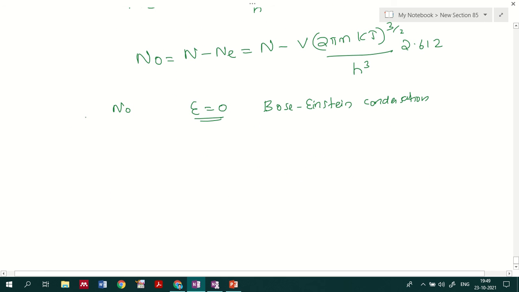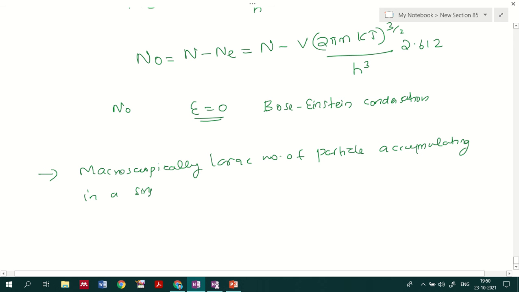So the phenomenon of a macroscopically large number of particles accumulating in a single quantum state, that is epsilon equal to 0, is referred to as Bose-Einstein condensation. Okay, so it is a phenomenon we observe macroscopically, because for a larger extent, a large number of particles are accumulating in a single energy state or quantum state, that is epsilon equal to 0, which we call Bose-Einstein condensation.